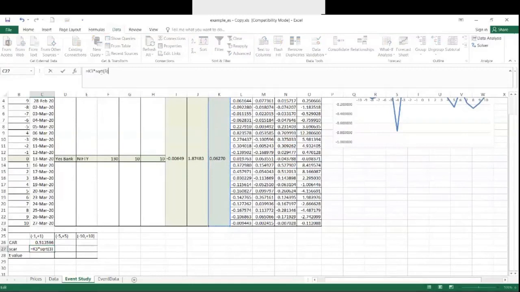Then take the division and calculate the statistic. This is significant, so the instant reaction around the event is significant. That is quite anticipated and expected. But then we want to check how quickly it dies down. The effect of the information doesn't die down immediately, which means the information is not incorporated into the new prices after 1 day.